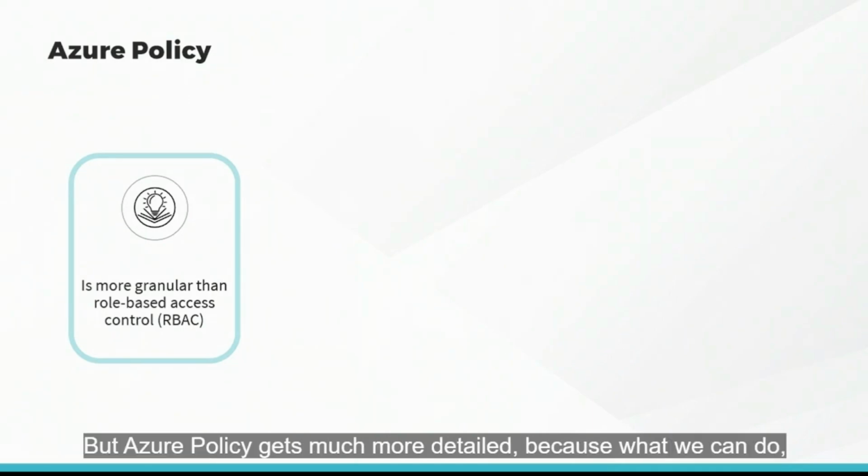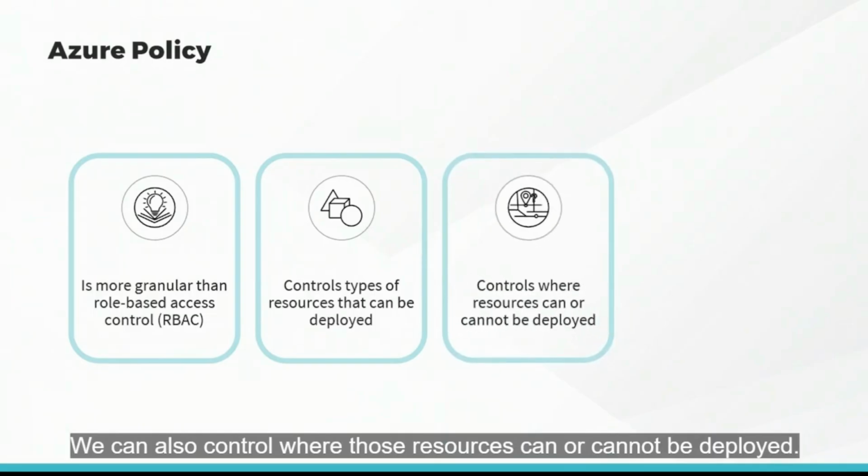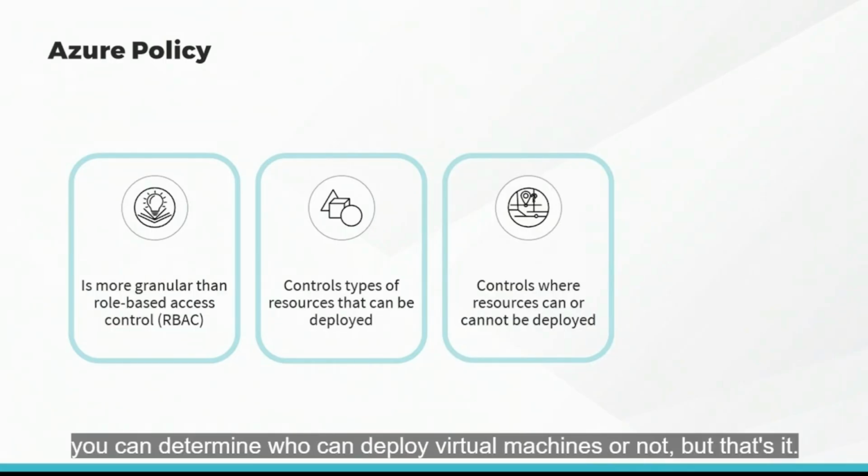But Azure Policy gets much more detailed because what we can do, for instance, is control types of resources that can be deployed. We can also control where those resources can or cannot be deployed. As an example, with Azure RBAC, you can determine who can deploy virtual machines or not, but that's it.